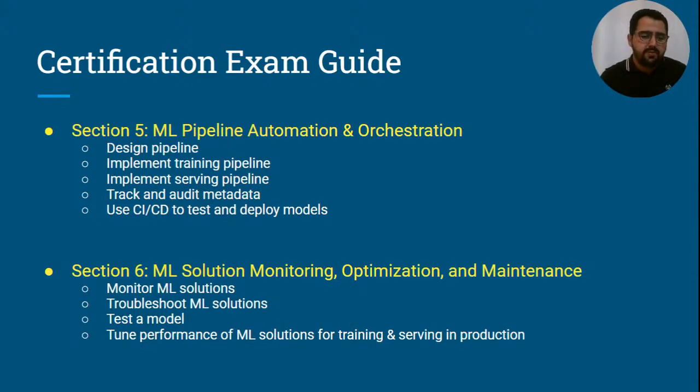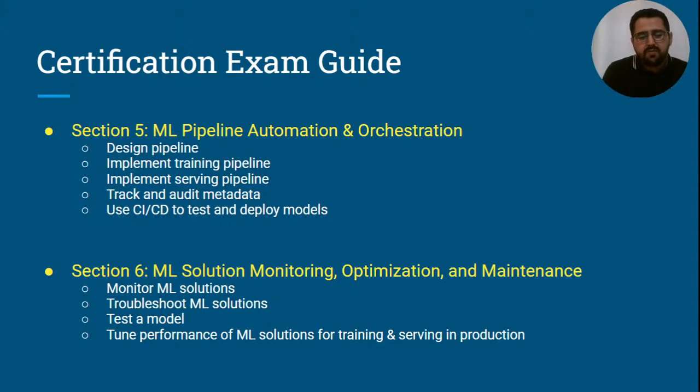The fifth section is about machine learning pipeline automation and orchestration. We have seen how to build a pipeline for data processing. Now you need to know how to build a pipeline for machine learning. You need to know how to design and implement a training pipeline, a serving pipeline, and make sure it runs at scale.